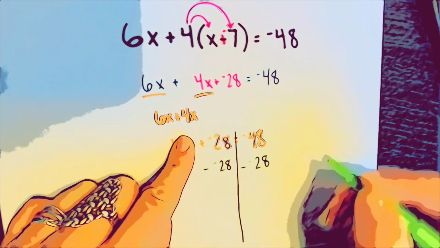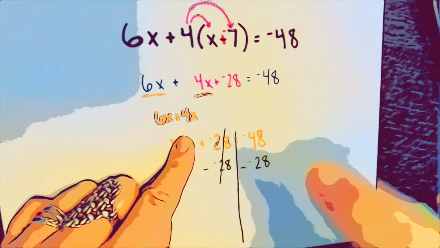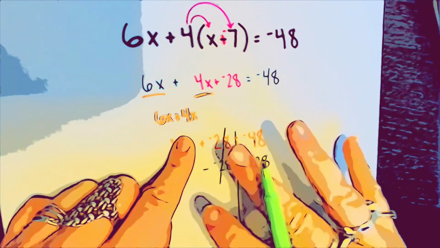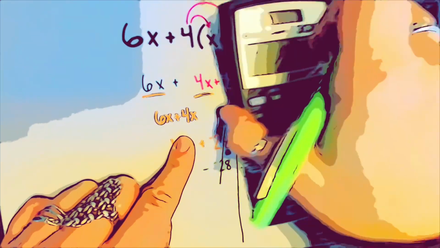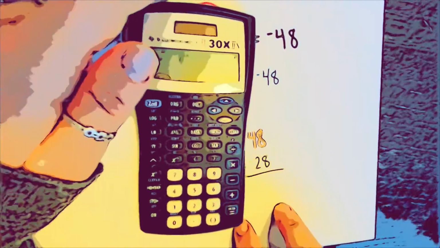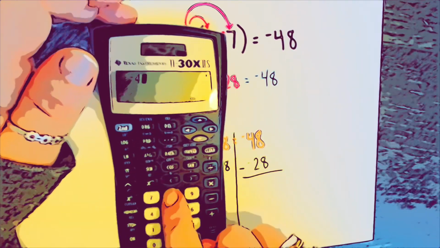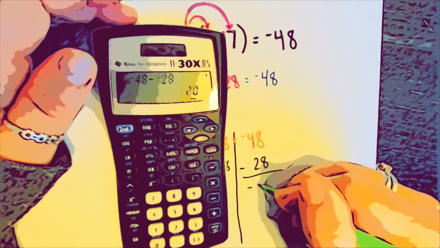So this is going to cancel out here, and we are going to use our calculator. -48 minus -28 equals -20.